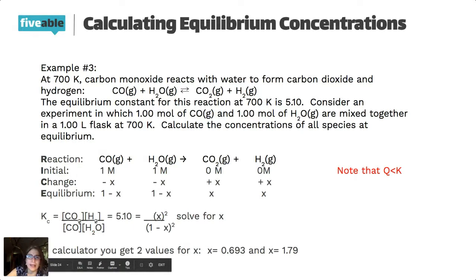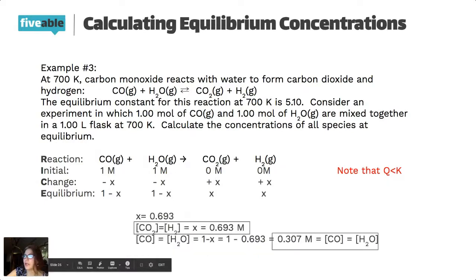You usually get 2 or more values in the calculator, but then it's easy to figure out which one is the correct X. For example, here, which one would be the correct X? 0.693 or 1.79? Excellent, correct. Because 1.79 will give you a negative value here for the two reactants, and we cannot have a negative concentration.